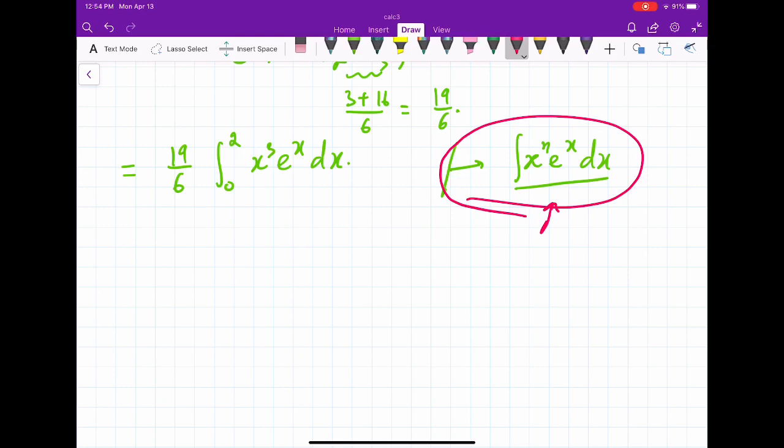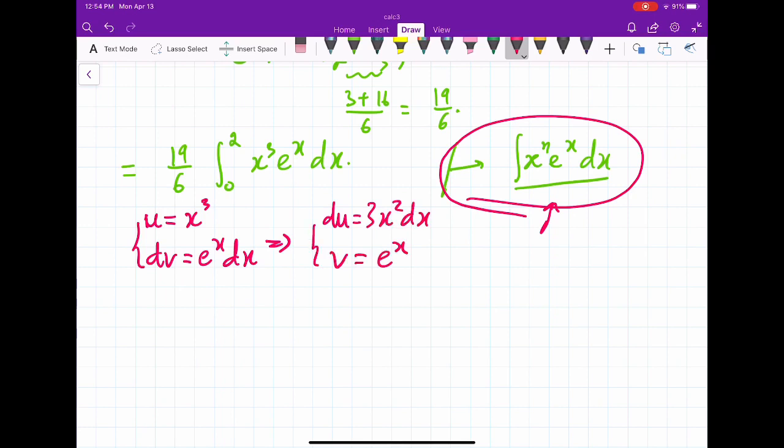So I'll do the following one. I put u equal to x cubed, and then dv equal to e^x dx. From here I get du is 3x squared dx, and then v is e^x. By the formula of integration by parts, our integral is equal to u times v, subtract the integral of v du, okay, with subtraction right here.